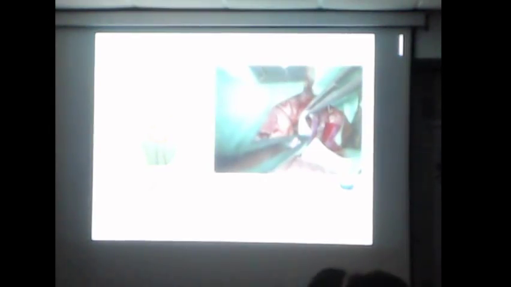This is the schema I proposed for the operation. So at least I should do reconstruction of the distal side of A2 on the left side. So first I reconstruct the left side A2, then attack the aneurysm. I show the operating video.